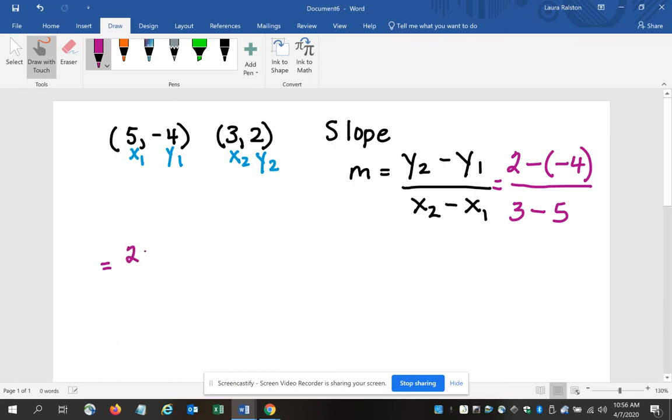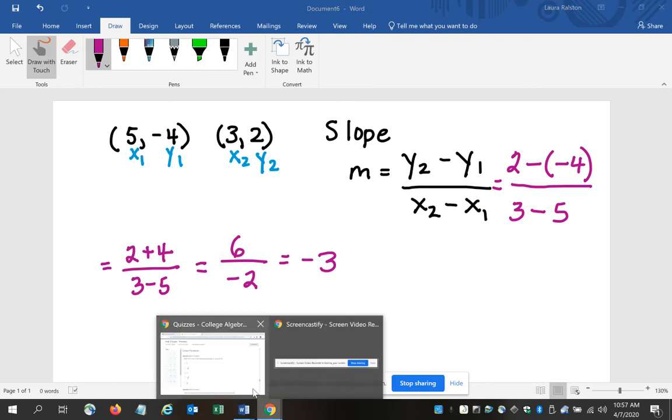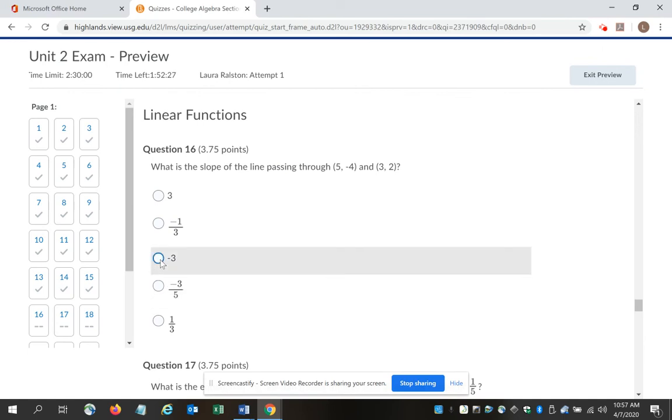So this becomes 2 plus 4 over 3 minus 5. 2 plus 4 is 6. 3 minus 5 is -2. 6 divided by -2 is -3. So the slope of the line between those two points is -3.